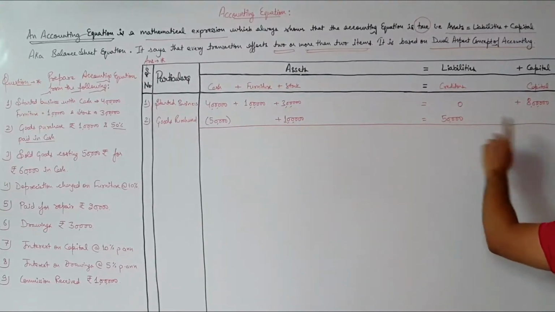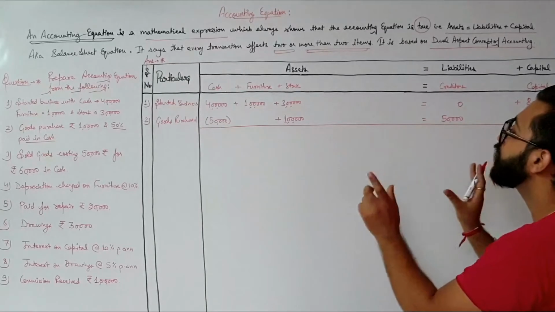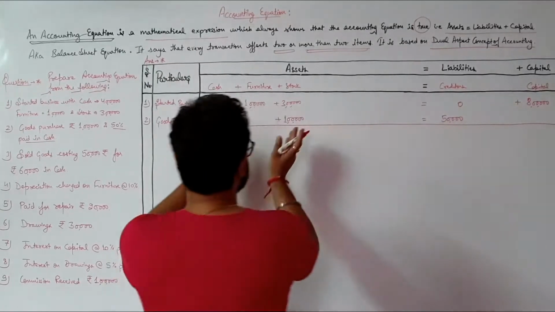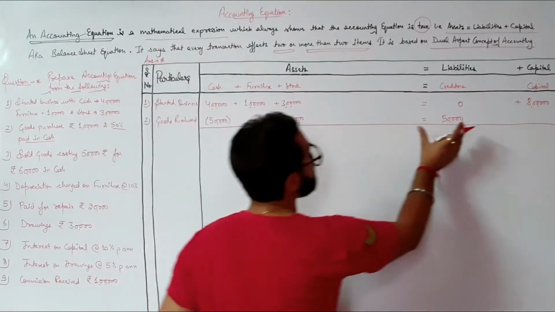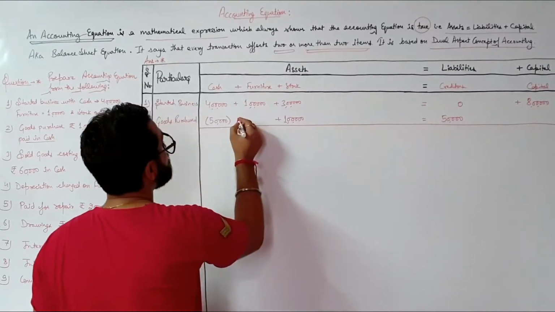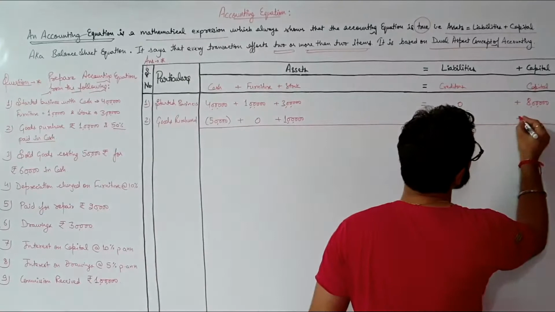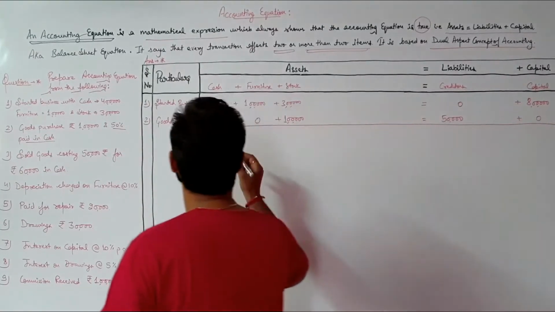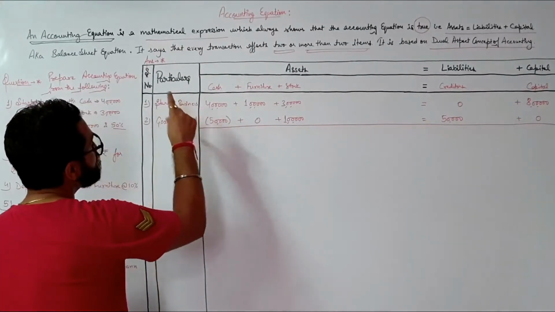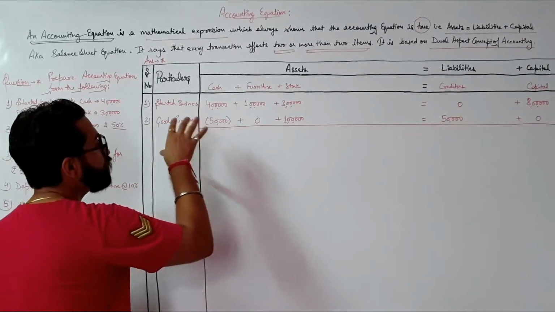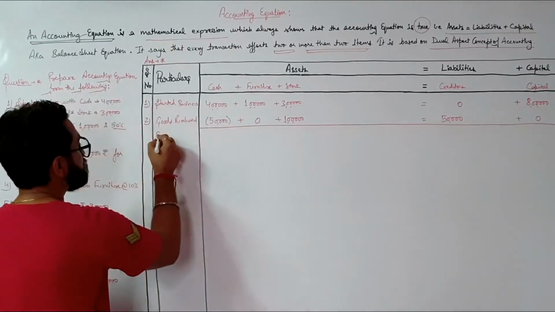Here 50,000 is the total. Therefore both the equations are equal. Here the balance is 50,000 and here it is 50,000. Therefore, where nothing has happened, write 0. No effect means 0.